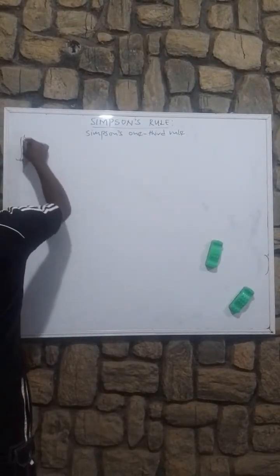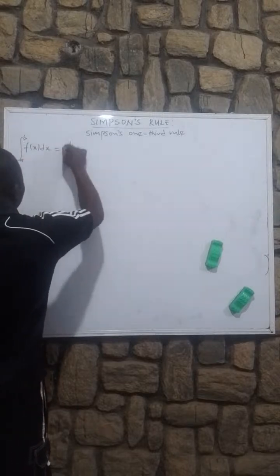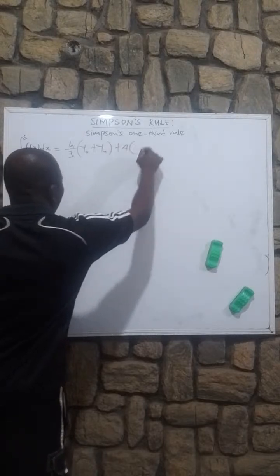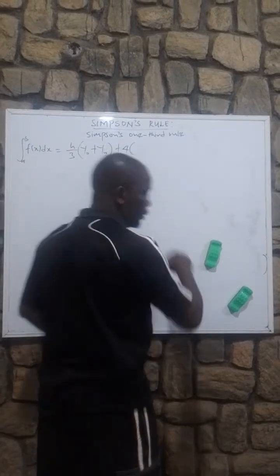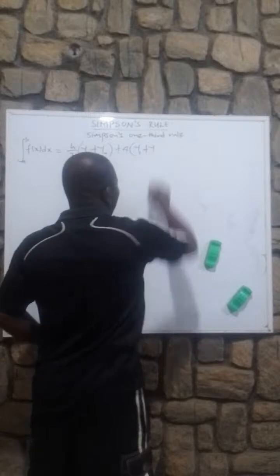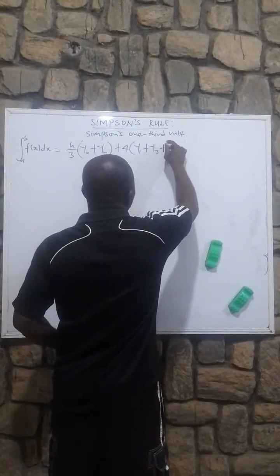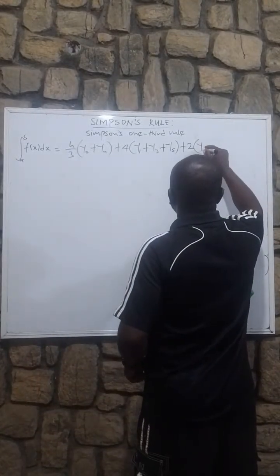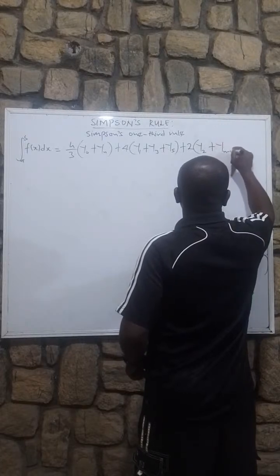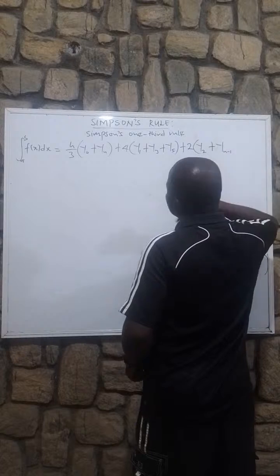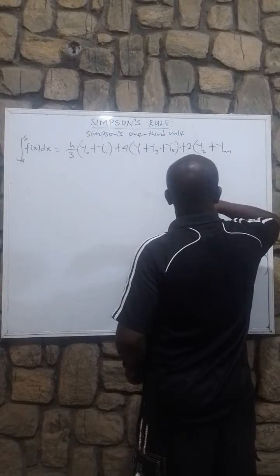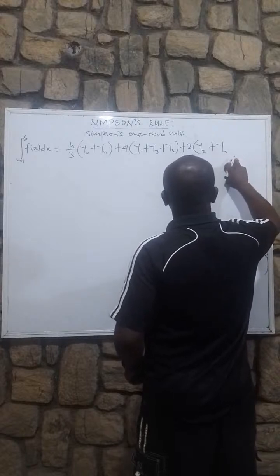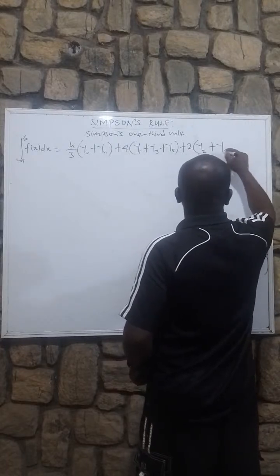integral a to b f of x dx is equal to h all over 3 open bracket y0 plus yn plus 4 all in bracket y1 plus y3 plus y5, then plus open bracket 2 y2 plus y4, yeah, y4.